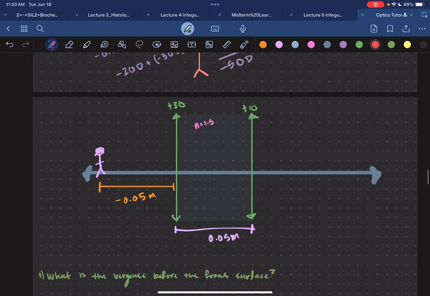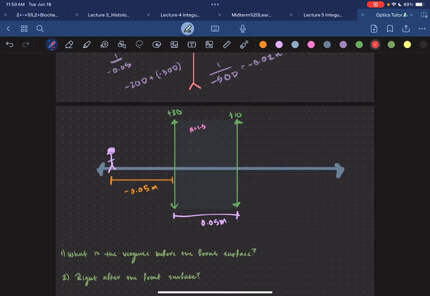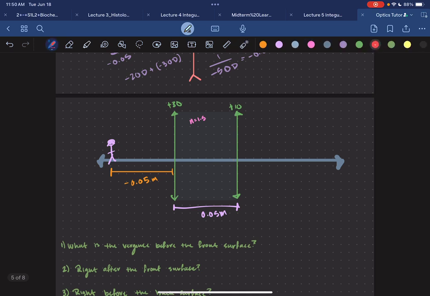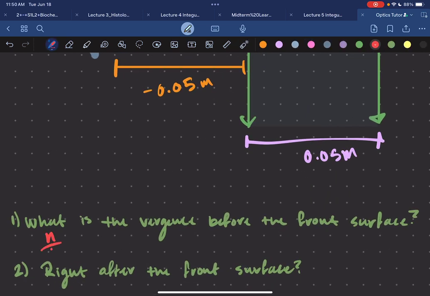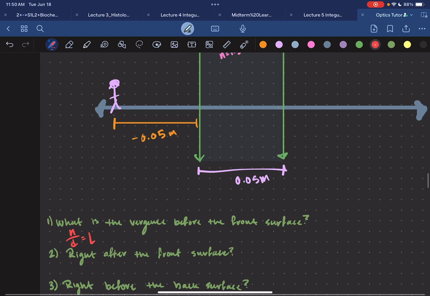What we're going to do first is find the divergence right before the front surface, right before it's refracted by the front surface power. We're going to use the equation n over distance equals the divergence.